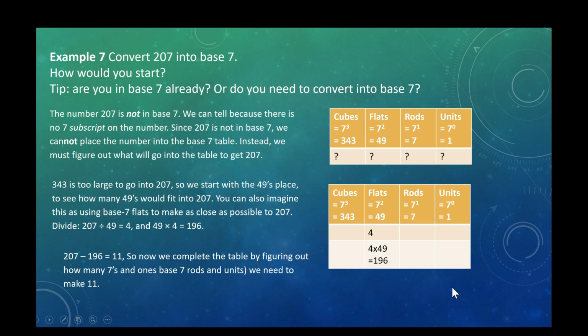Let's see. I've got 7. That's 1 7. 8, 9, 10, 11. 4 left over. So we need 1 7 and 4 1s. And the answer is 414 with a little 7. 207 is our base 10 number. 414 is our base 7 number.